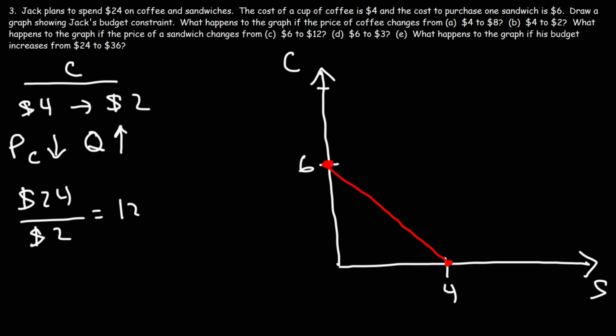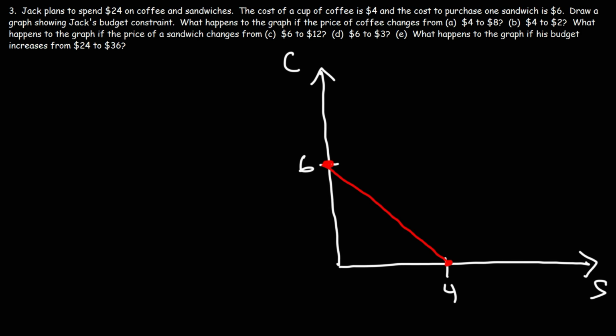Now let's move on to part C. What happens to the graph if the price of a sandwich changes from $6 to $12? Well, let's calculate the new maximum number of sandwiches that he can buy.